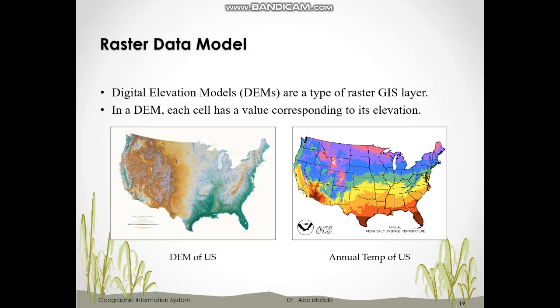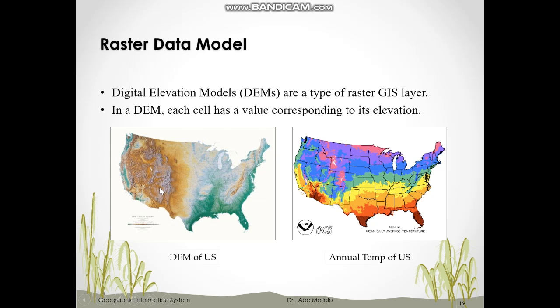For example, digital elevation model or DEM and temperature are widely used raster data. We can't use point, line, polygons to represent elevation, right? Or we can't use point, line, polygons to represent temperature. We use continuous surfaces because these are field features, okay? So it's hard to identify their borders.